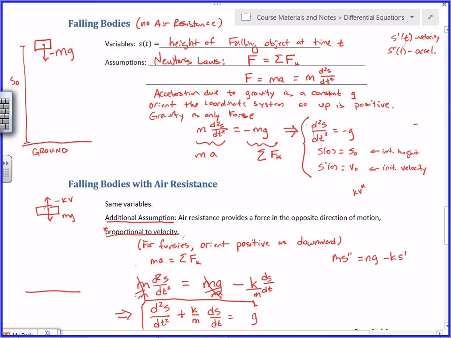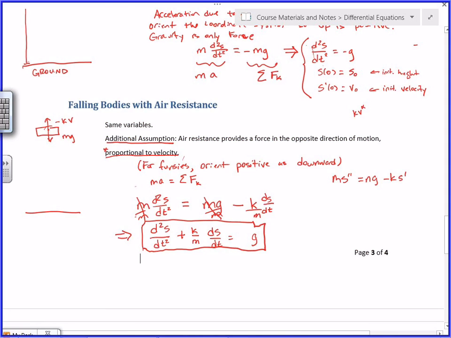And if you did an initial value problem, you'd also have to put in those initial conditions. The initial conditions will give you the C's that show up in the solution. To find k, you're going to have some additional information provided about the particular model. That k will typically have to do with the shape of the object, or they'll tell you that they know the amount of resistance at a given time or at a given velocity.